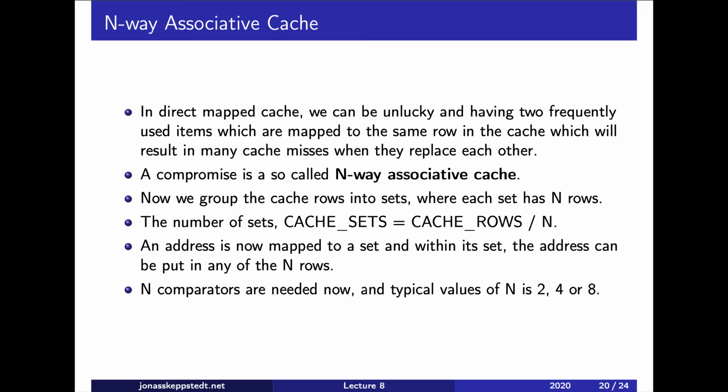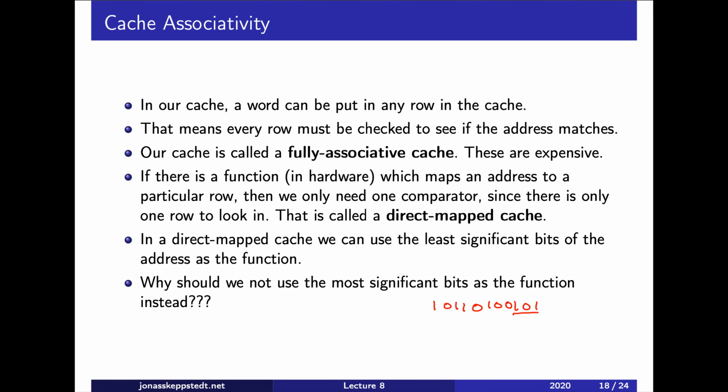If we are unlucky, there will be, say this is a variable A, and then we have another variable which happens to, well, let's say we write it like that, and then some other bits, and this is address of B. And we write a program that we are very enthusiastic about, that it will be super fast.